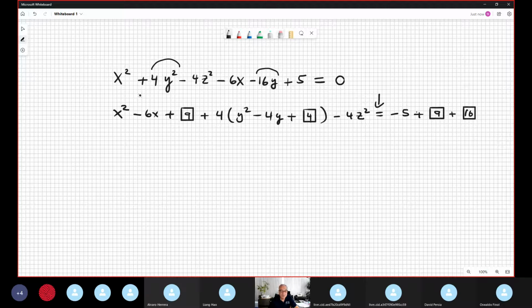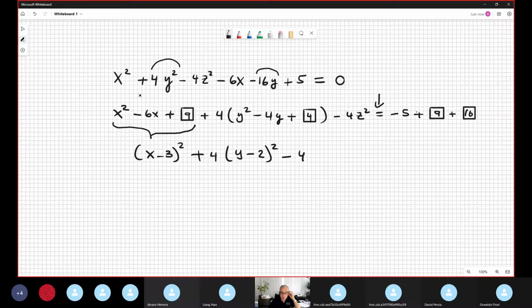Now, factorization. The factorization of this trinomial, a perfect square, is x minus 3 squared plus 4 times y minus 2 squared, because the square root of 4 is 2, no?